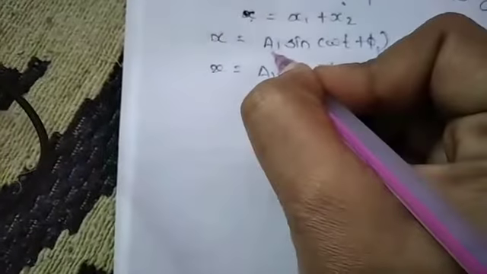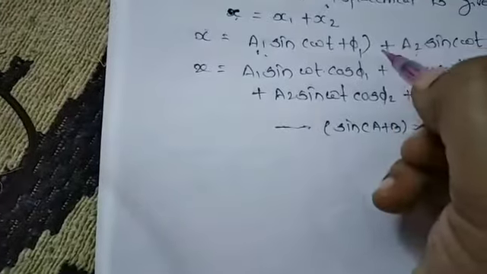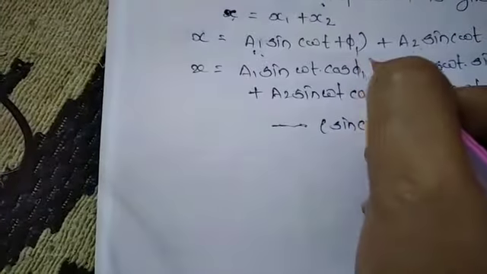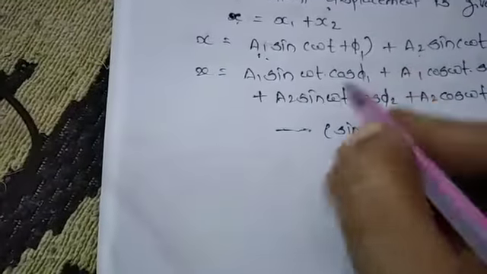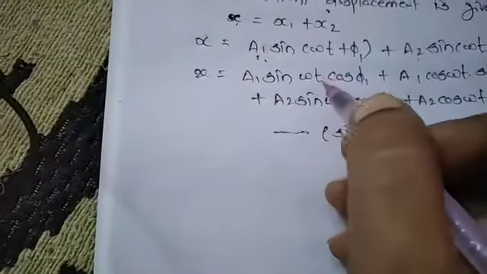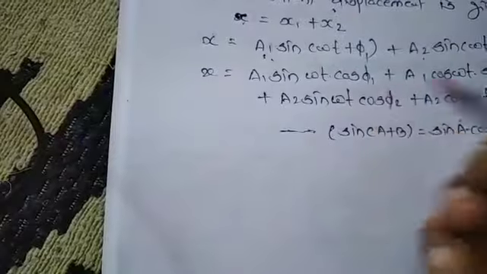Then next, this A, that is the amplitudes A1 and A2, and this phi, that is the initial phases, are constants, and this omega t is the variable. So we'll collect the terms of the constants.